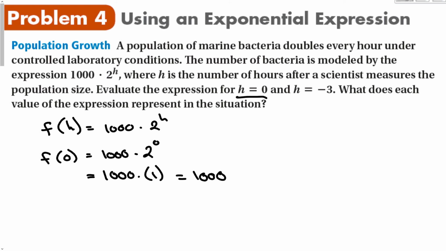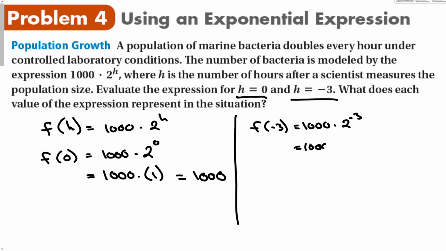Now, if we plug in a negative 3, let's do it first. f of negative 3 gives me 1,000 times 2 to the negative 3 power, which is 1,000 times 1 over 8. So it's basically 1,000 divided by 8, which is 125.